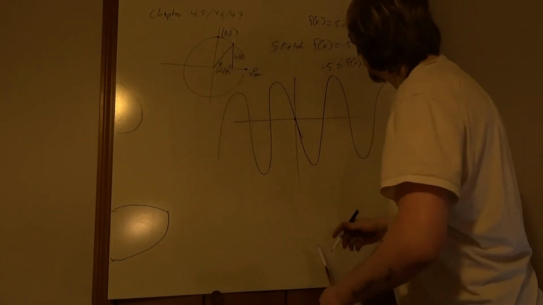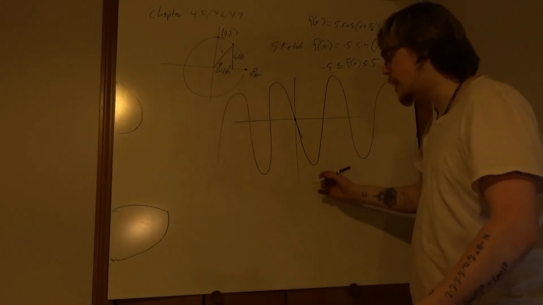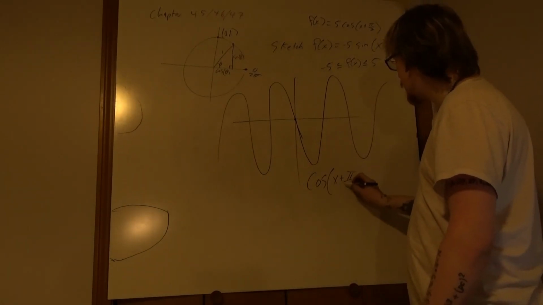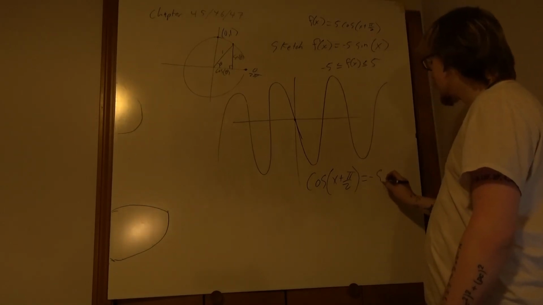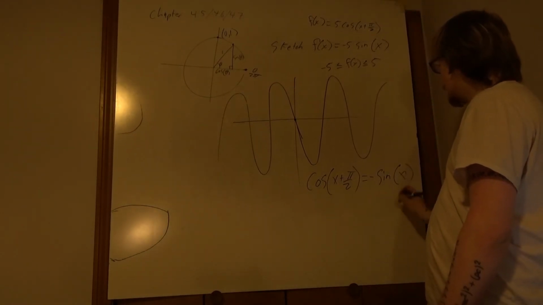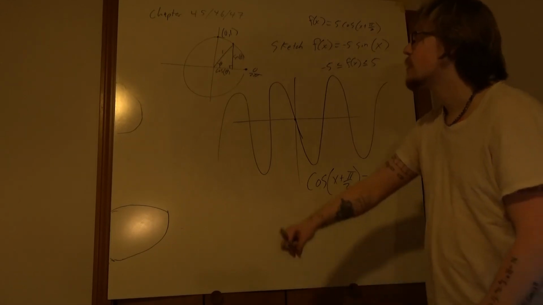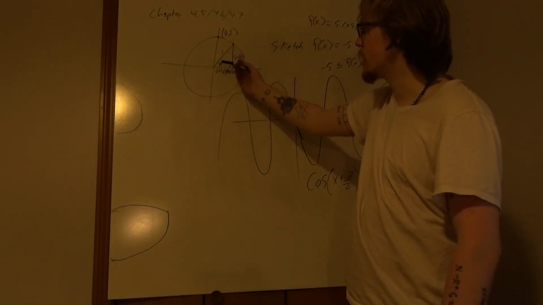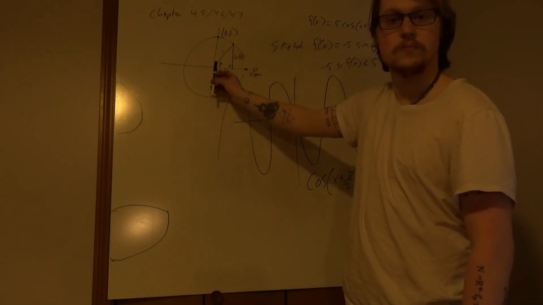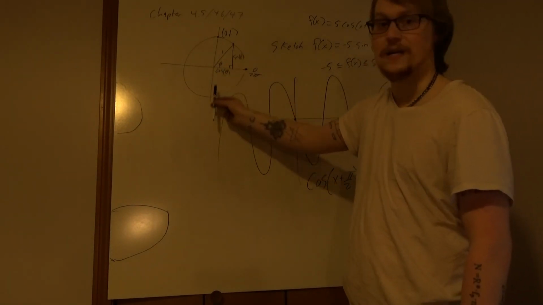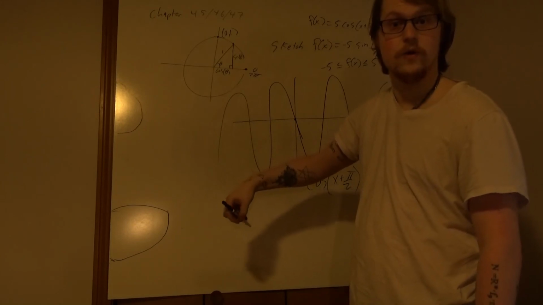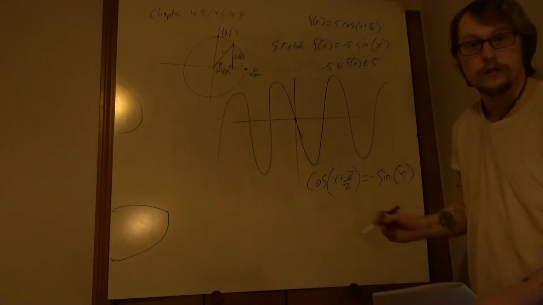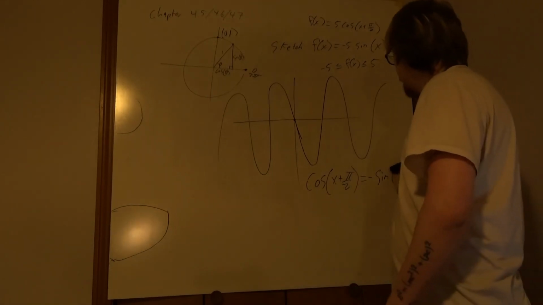And so we get the interesting other identity that cosine of x plus pi over 2 equals negative sine x. That's because positive sine x goes on the positive y-axis, and if you take cosine and rotate it clockwise by pi over 2, it looks exactly like sine, but on the negative y-axis. There's a comparable one for sine.